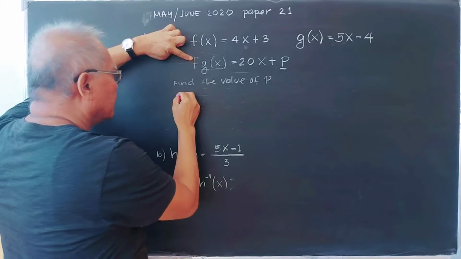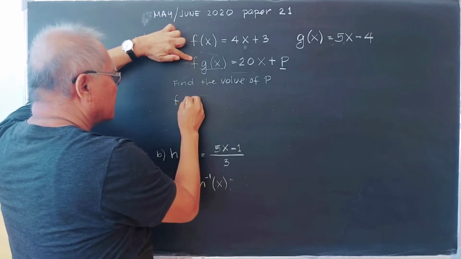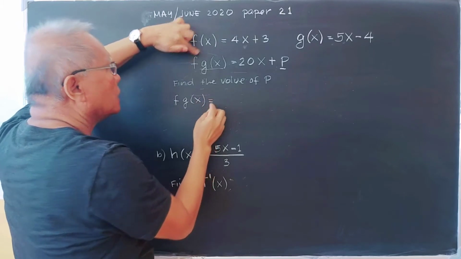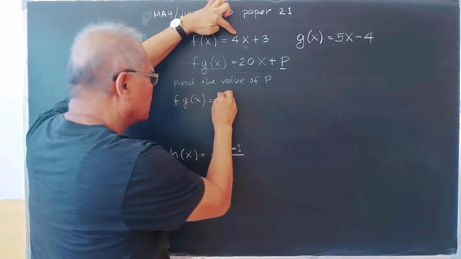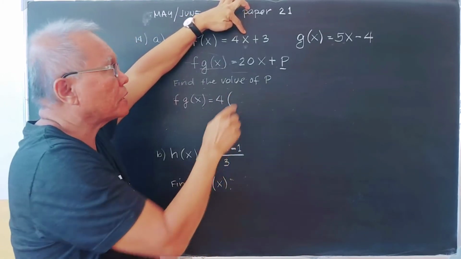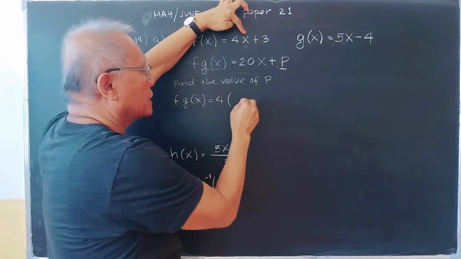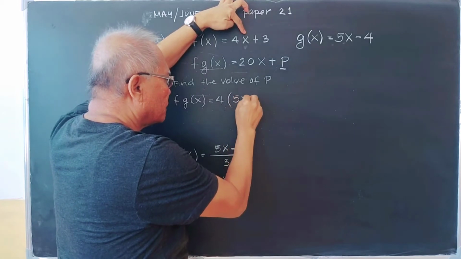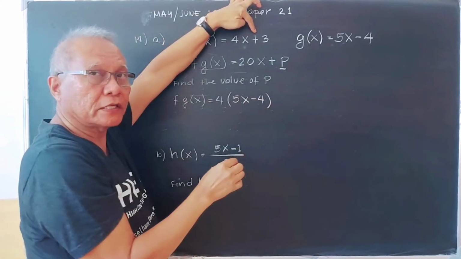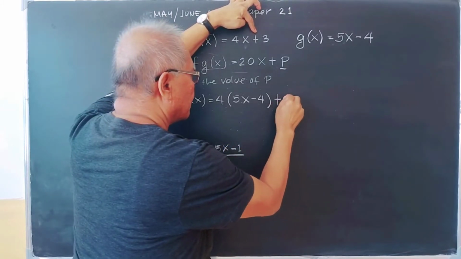So f of g of x is equal to 4 times, we replace x by g of x, which is 5x minus 4, and then plus 3.